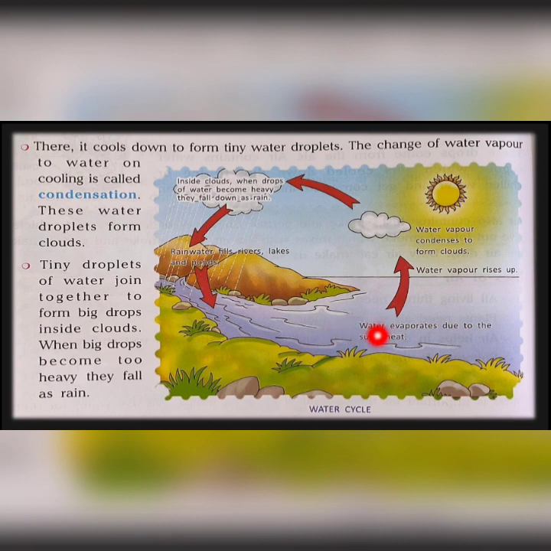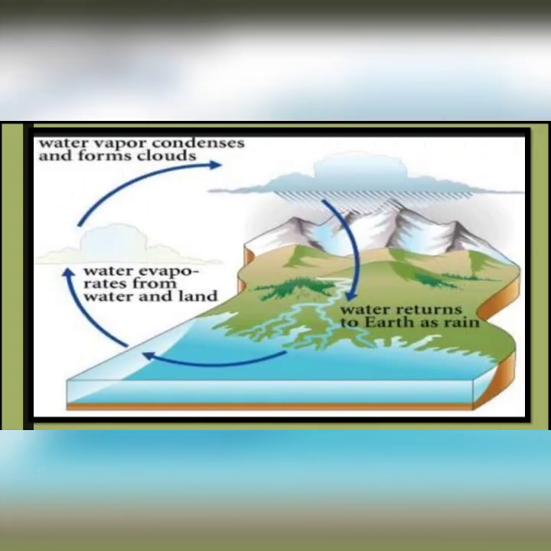When water evaporates due to the sun's heat, it rises up and condenses to form clouds, right? Then inside clouds, when the drops of water become heavy, they fall down as rain, and that rainwater fills rivers, lakes and ponds. So it is a cycle of water, hence it is called the water cycle.